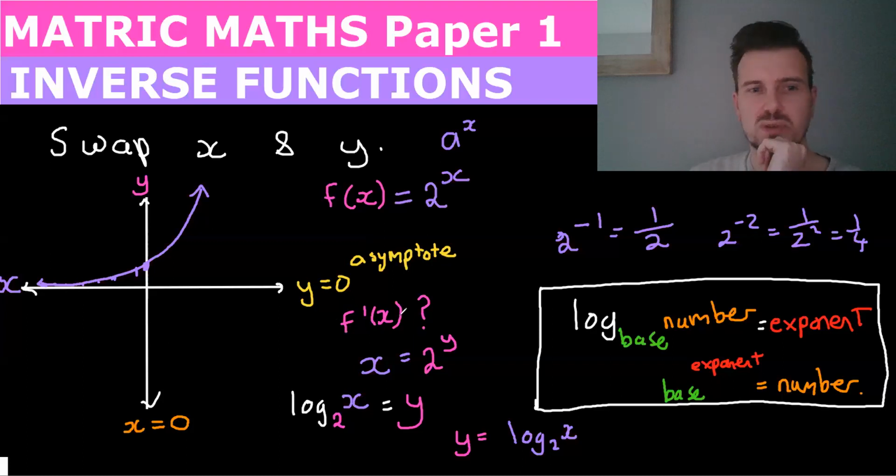So we know that it's not going to cross the line. The other thing is when we swap x and y, our coordinates swap. So let's look at this coordinate here. This coordinate was 0 and 1. So we just need to find the coordinate 1 and 0. So that's there.